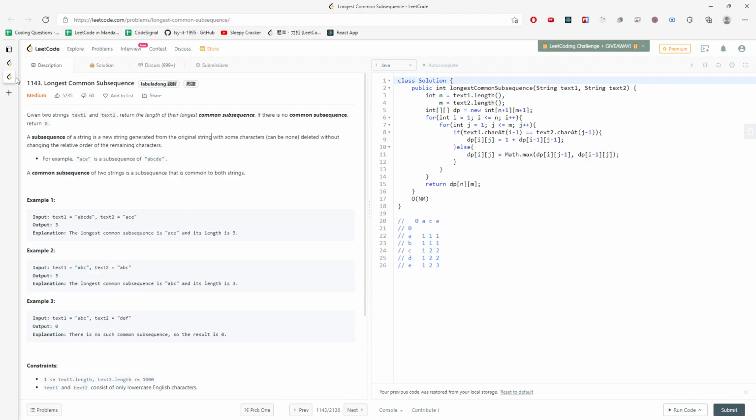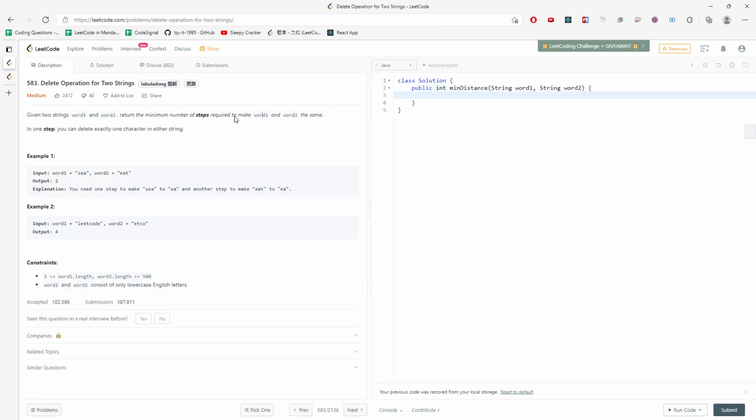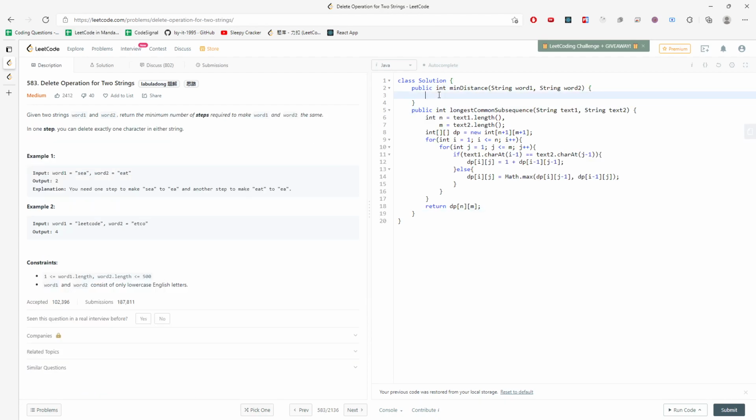So we can actually use the code from this longest common subsequence, I'll explain later. Basically, for word1, the length of word1 and the length of word2, if you want them to equal each other, you have to subtract the longest common subsequence.